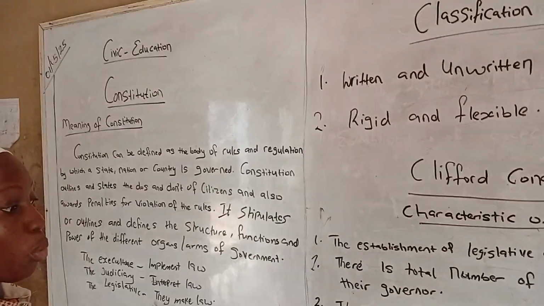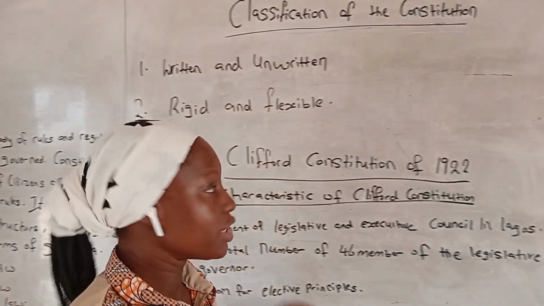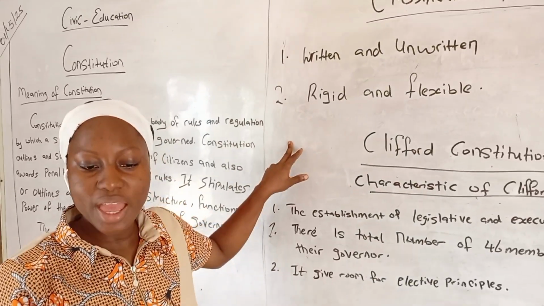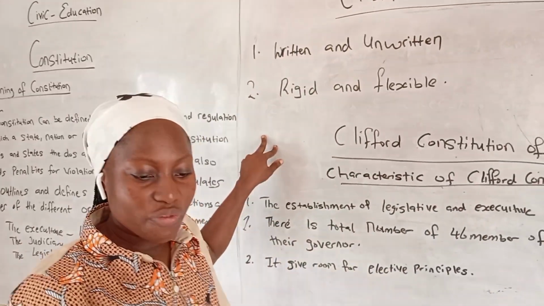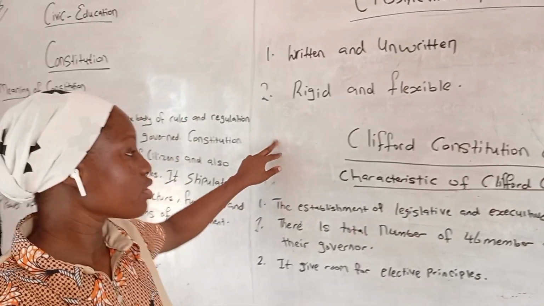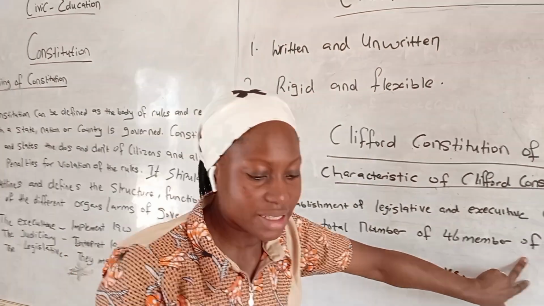Now, we are going to be looking at the advantages and disadvantages of this Clifford Constitution. One of the advantages is that it encourages development of political parties. Another one is that members of the legislative were increased to 46.